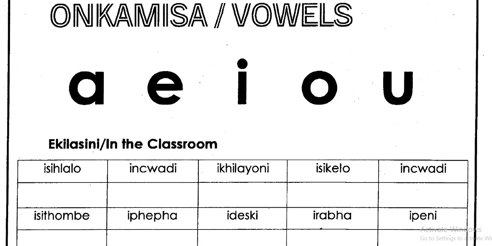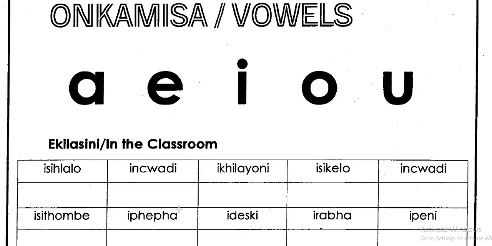So this, I started with the classroom, the things that they see in the classroom, right? If you look at them, they all start with a particular prefix. In this case, the prefix is I. Isihlalo, incwadi, iklayoni. Let the kids be able to answer, to do this by themselves, and you help after.